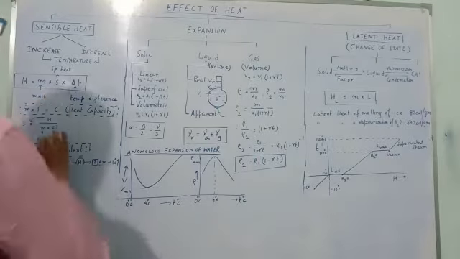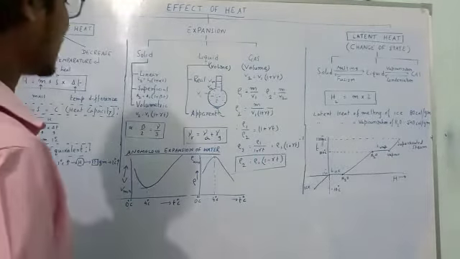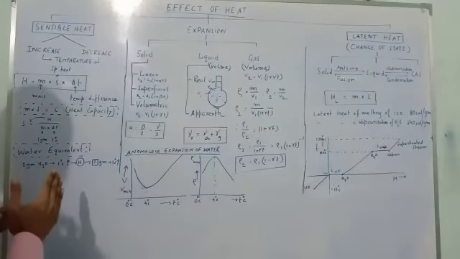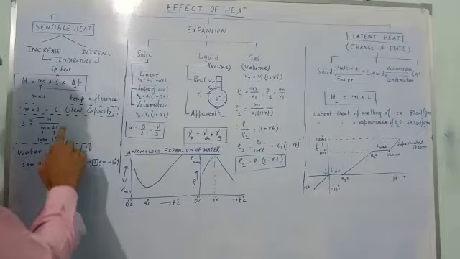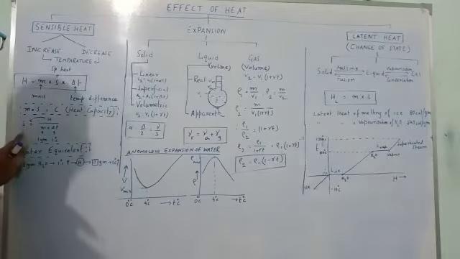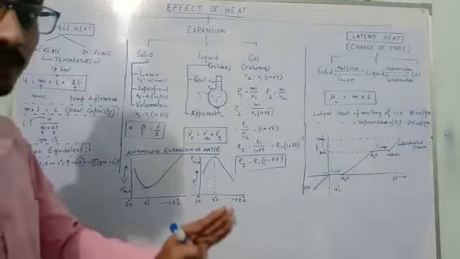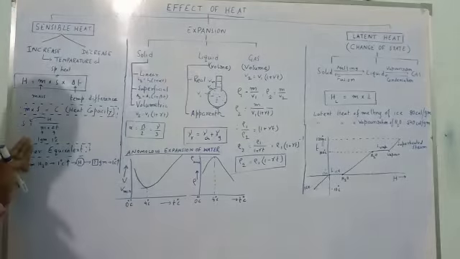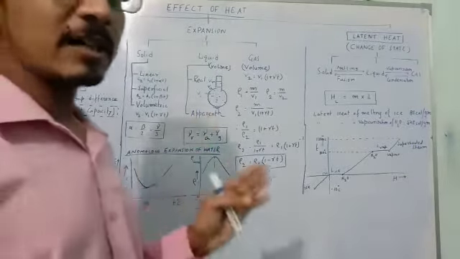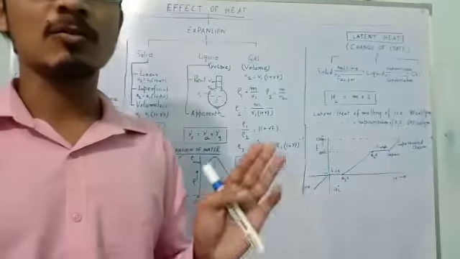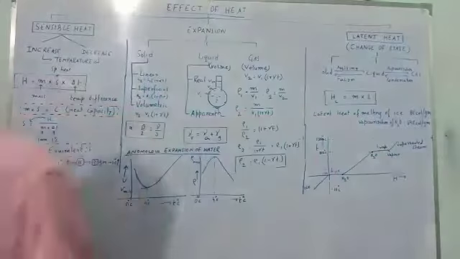This S is called the specific heat of the object, which is defined as S equal to H by m into delta T. That means S is the quantity of heat required to increase the temperature of 1 gram of the object by 1 degree Celsius.